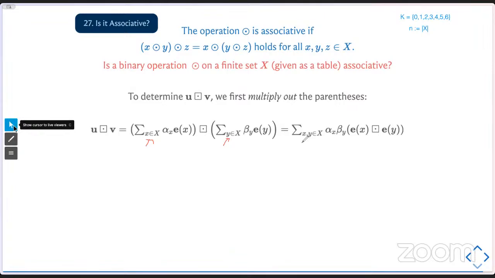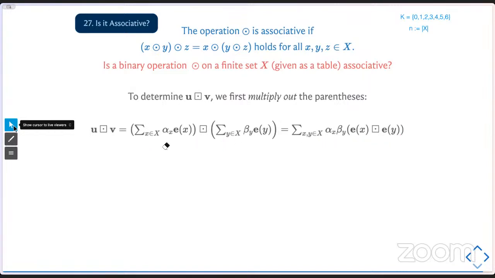So you're going to get a sum with n squared terms, one for each pair of elements from X. And that term is going to be, well, you multiply out the constants and then you multiply E of X and E of Y. So now these are two standard basis vectors. And of course, we're trying to define this operation, so we don't really know what this is yet. But X and Y are elements of capital X, and we have the circle binary operation between them.